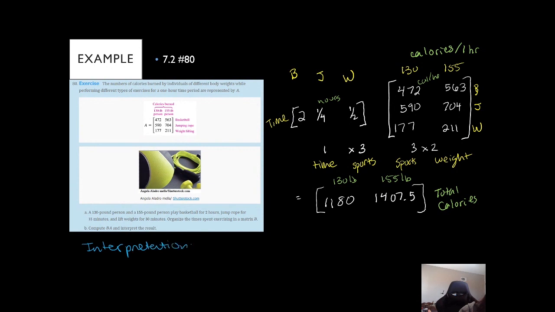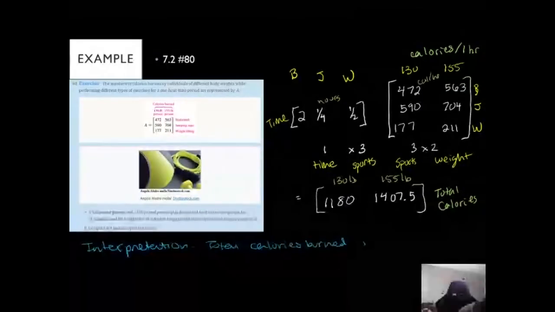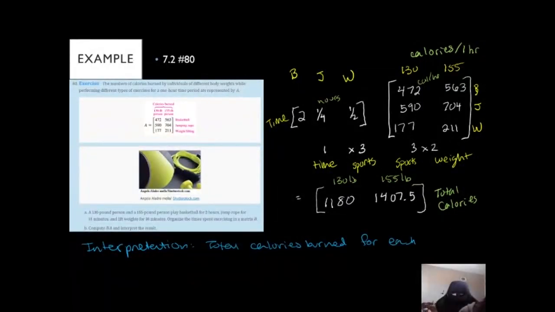So our result, interpret the result, our interpretation. The matrix is telling us the total calories burned for each body weight doing, I guess I'll just say the given exercises.